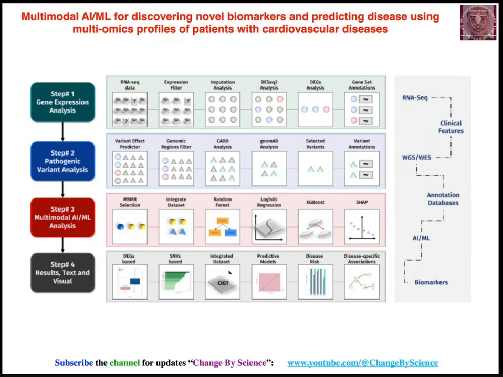This is from a Nature Reviews paper. You can read this paper and find the detailed application of each of the steps involved in this AI or ML based, that is, artificial intelligence or machine learning based approach.